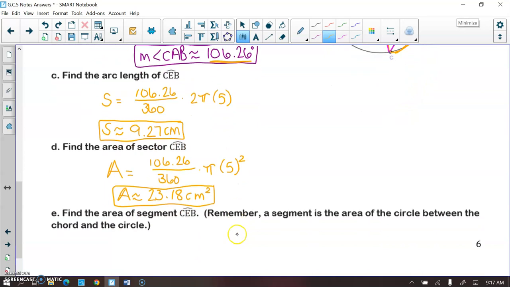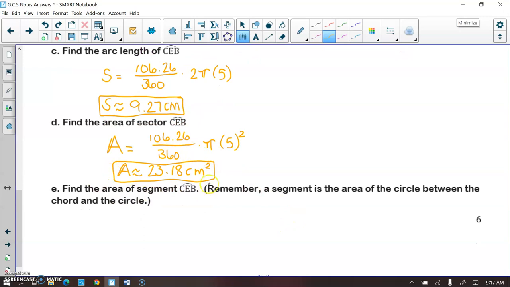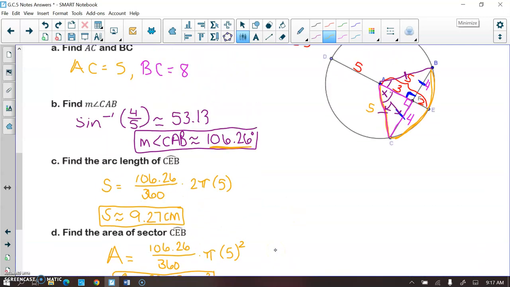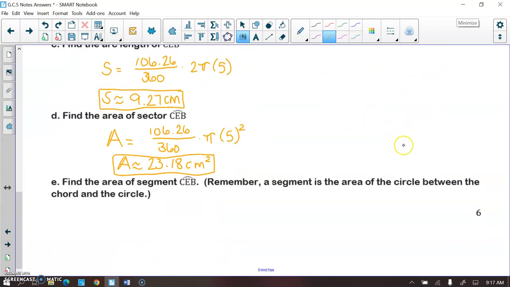And then it says to find the area of the segment. So if I take the area of my sector and subtract the area of the whole triangle, where my height is 3 and my base is 8, I'm going to do the area of my sector minus 1/2 times my base of 8 times my height of 3.